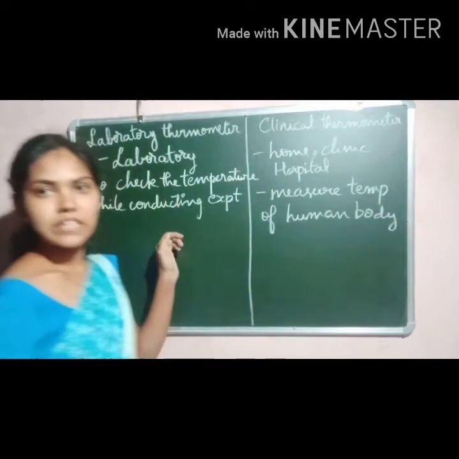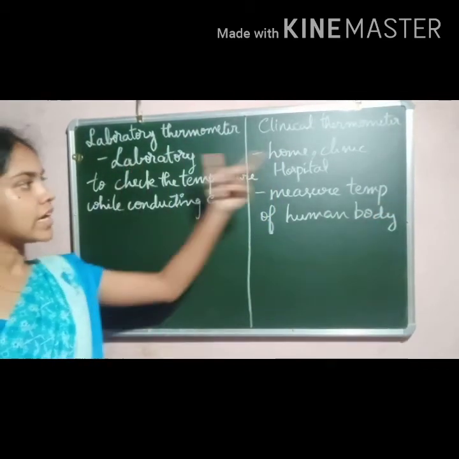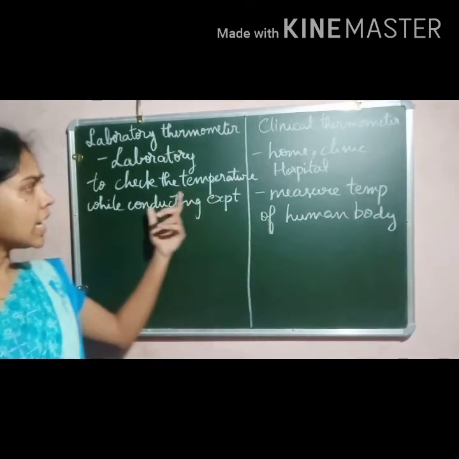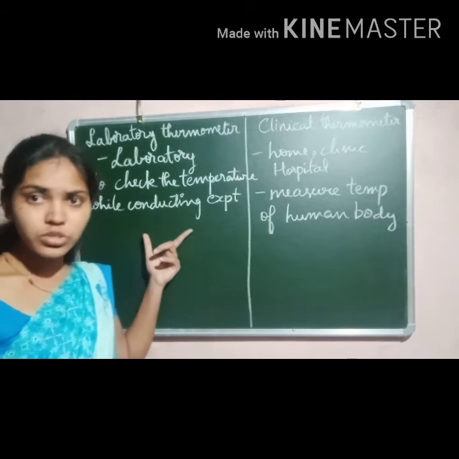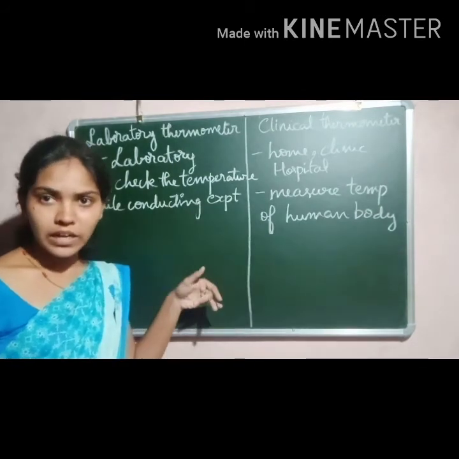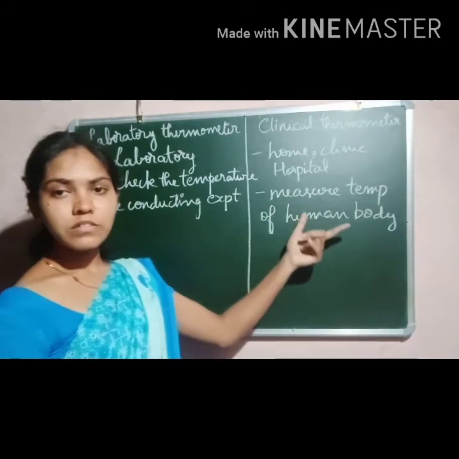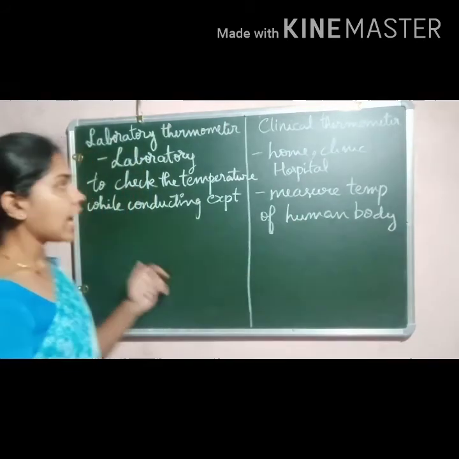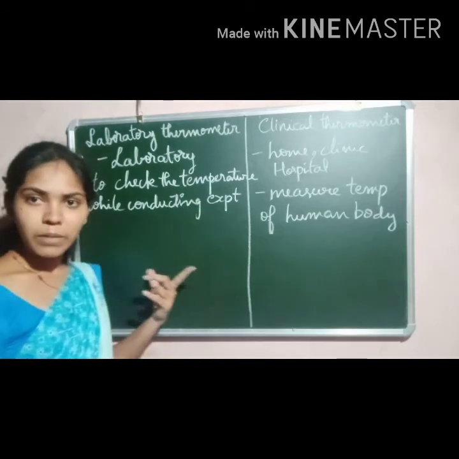The difference is that one is used in the laboratory to check the temperature while conducting experiments, and the other is used in clinics, hospitals and homes to measure the temperature of the human body. And what is the temperature range?